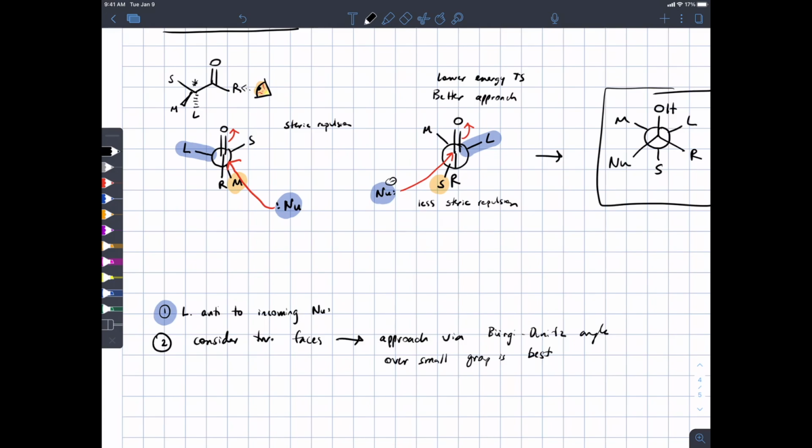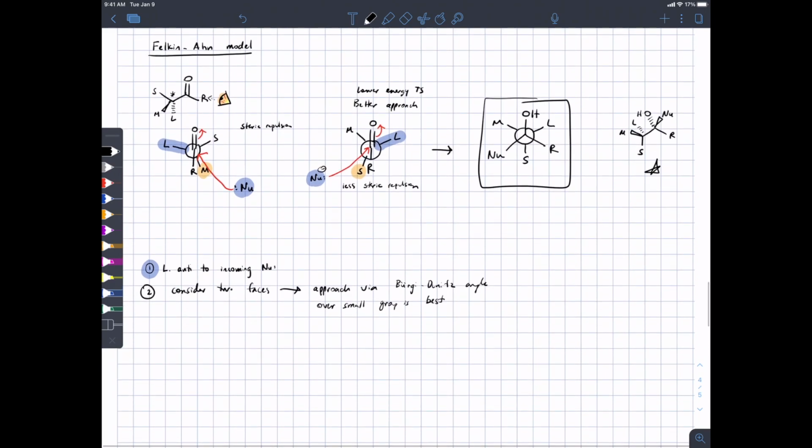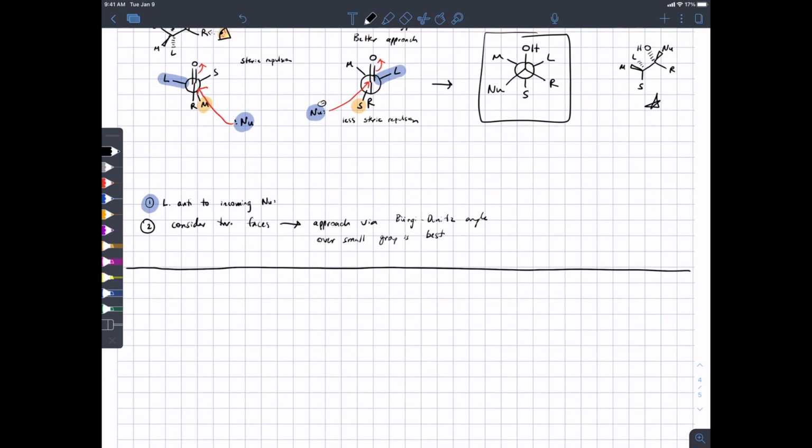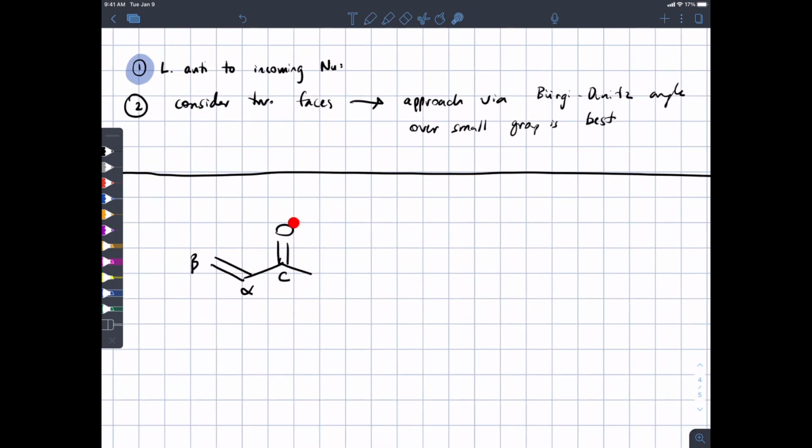So that's a whirlwind of stuff. One last thing that doesn't require a lot of time, and then I think we'll save Baldwin's rules for next time, is the idea that for some alpha-beta unsaturated carbonyl compounds, as we learned in our molecular orbital chapter, the LUMO of this molecule is both on the carbonyl carbon and on the beta carbon.